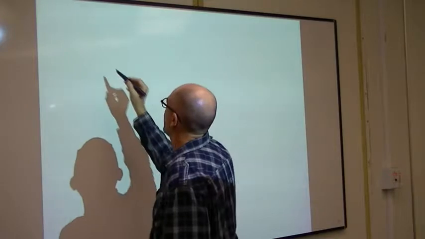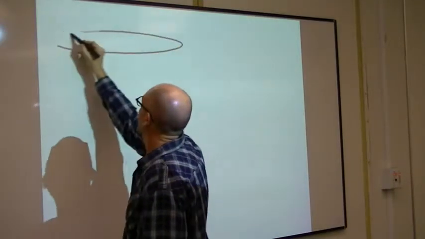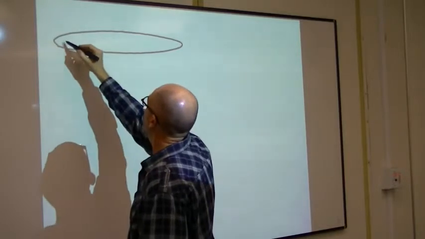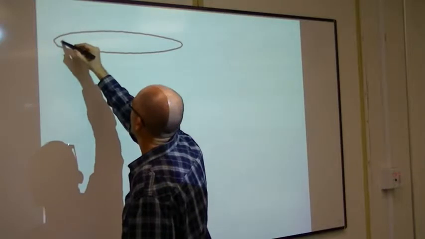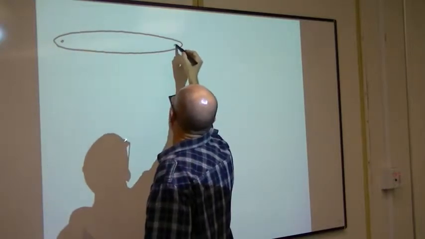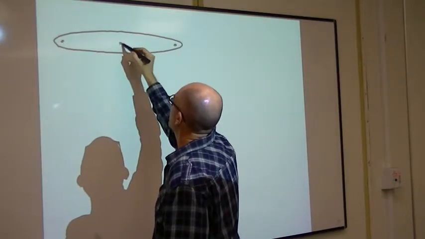If we have a long, narrow ellipse, then the foci are going to be far away from the center.